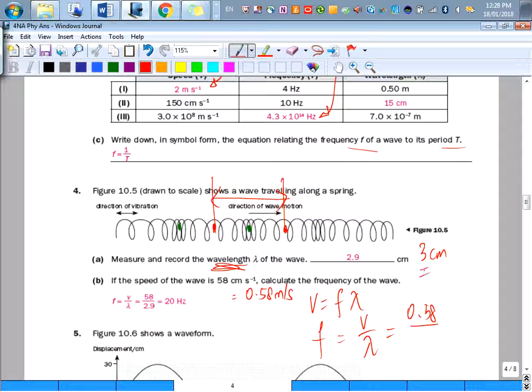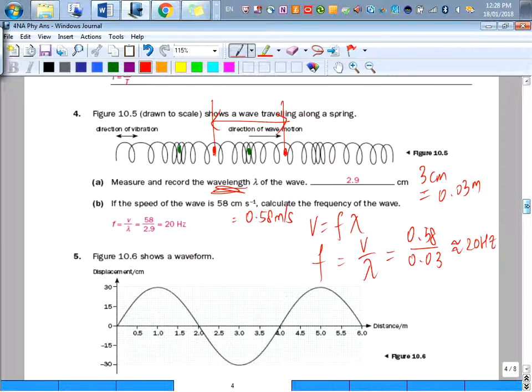So in SI unit, that will be 0.03 meters, 0.03. And you should get approximately 20 hertz as well. Okay, do you all get that? Any questions so far before I proceed? By the way, Jovial, can you hear me? Can you hear me? Okay.